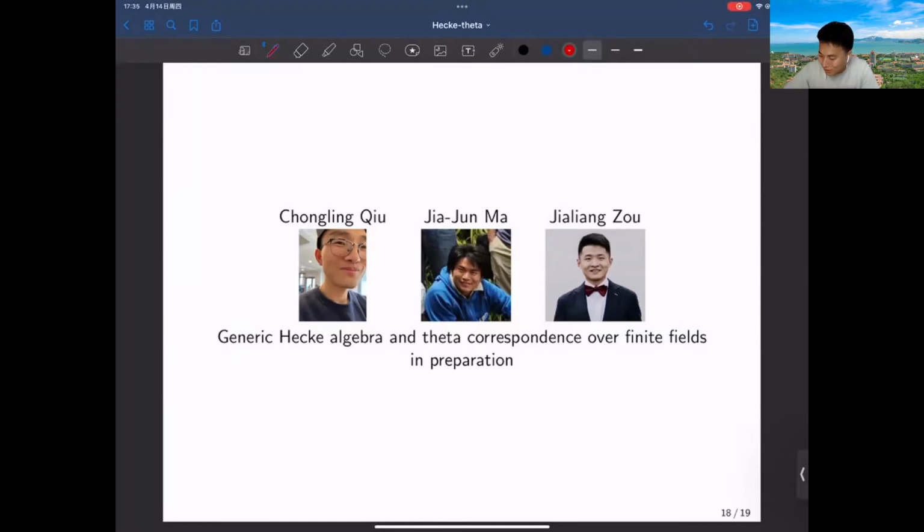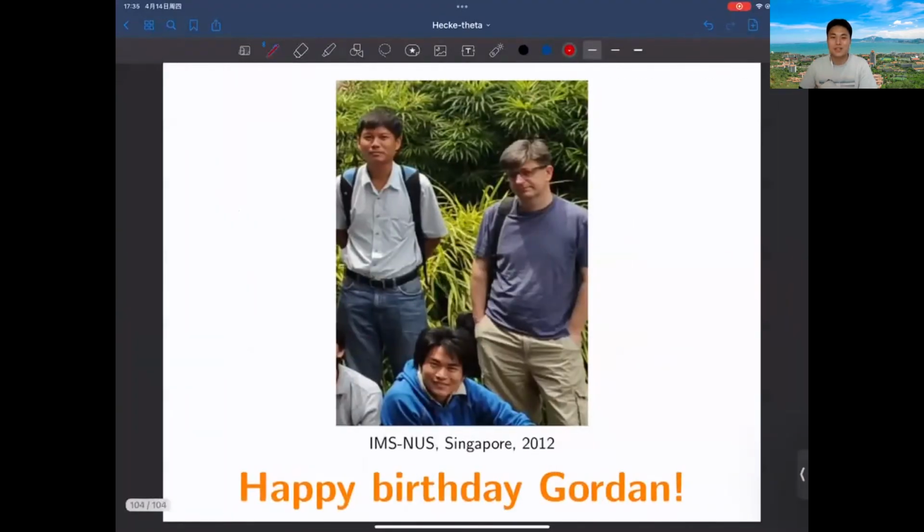And so I put this picture because this is actually the first occasion when I had a serious mathematical discussion with Gordon. Previously, before 2012, I think I had met Gordon several times on other occasions.